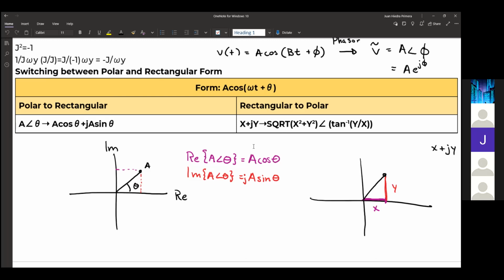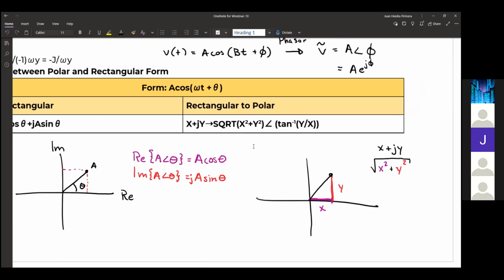So to find that magnitude, you would simply do the value of X squared plus the value of Y squared, square rooted. Note that you don't square the j, you only square the Y. And that would give you your A.